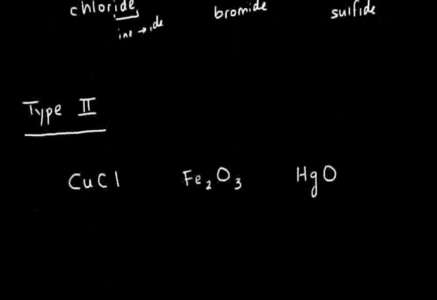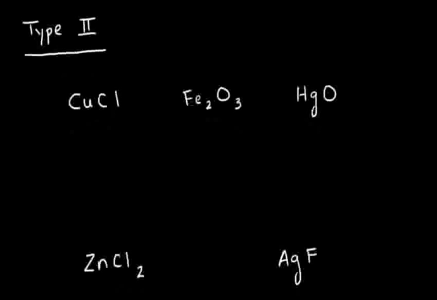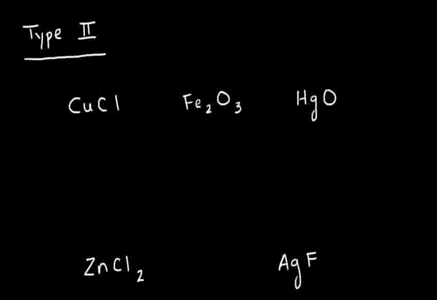But we're going to up the ante a little bit when we talk about this second type of binary ionic compounds, and these involve transition metals. You need to do a little bit of thinking when you look at these. So whenever you see a transition metal in the cation of your ionic compound, you should take a step back. You should take a deep breath and then enter the problem, knowing you're going to have to look at a few things before you name the compound.